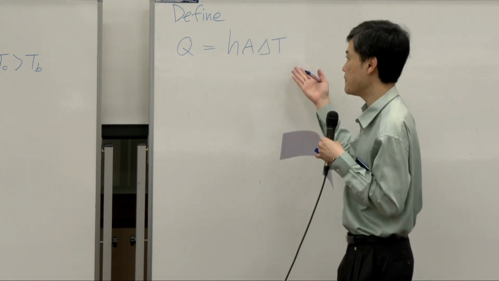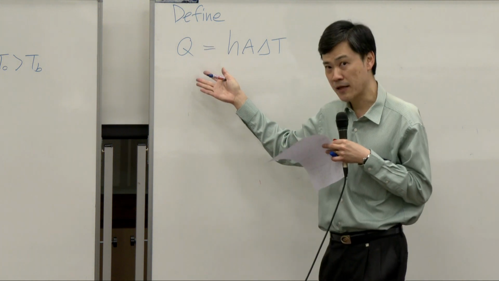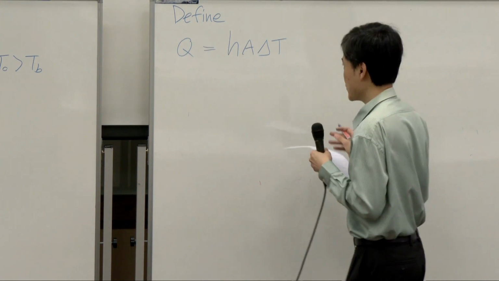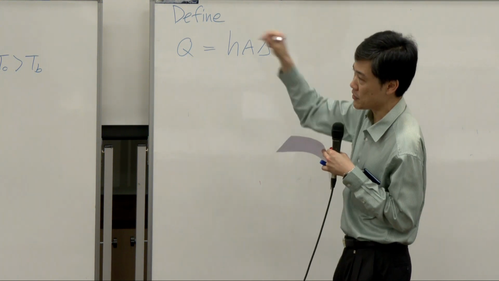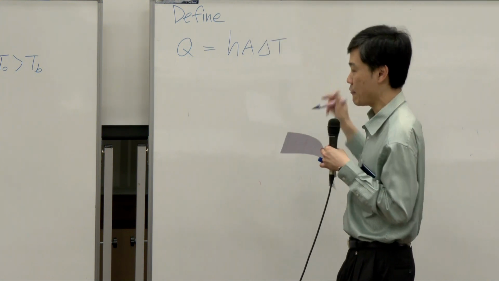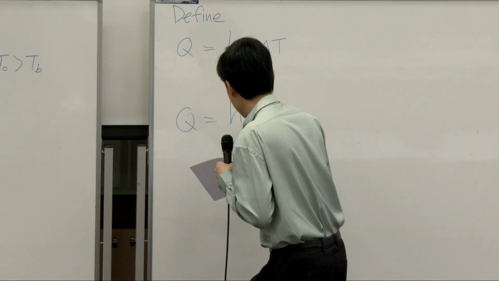Okay? This is in the form of Newton's law of cooling, but it is done macroscopically. So that means this T is supposed to be the temperature at the inlet and outlet. Let me write down the same equation here for the moment.